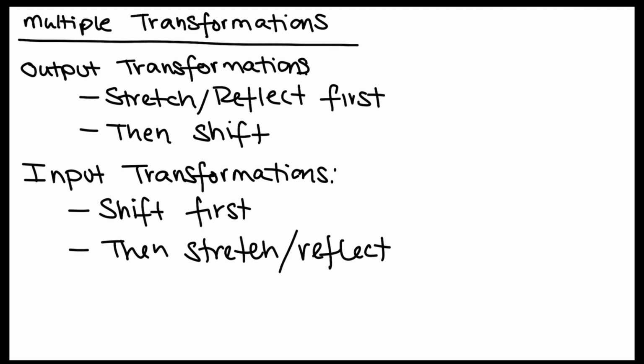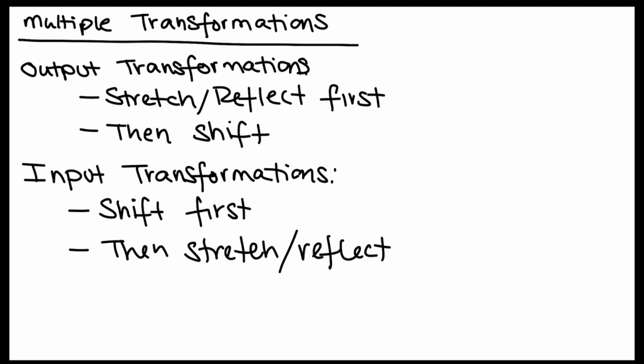And so we're going to use our order of operations, which means we have to do any multiplication before we can add or subtract. So with output transformations, we have to do our stretching and reflecting first, and then we do our shifts. This just comes from PEMDAS. We multiply before we add or subtract.